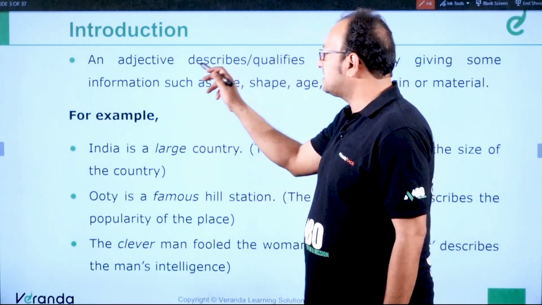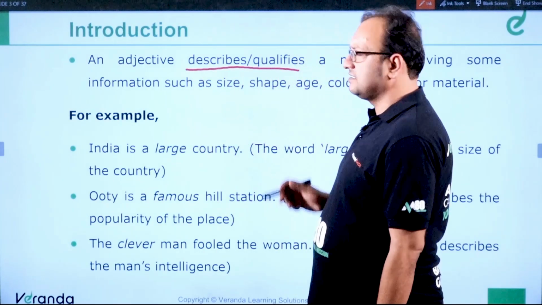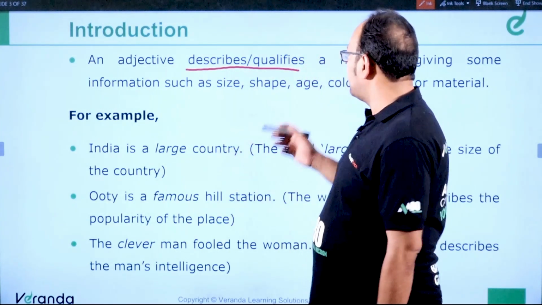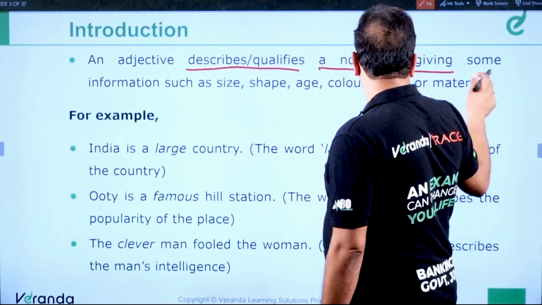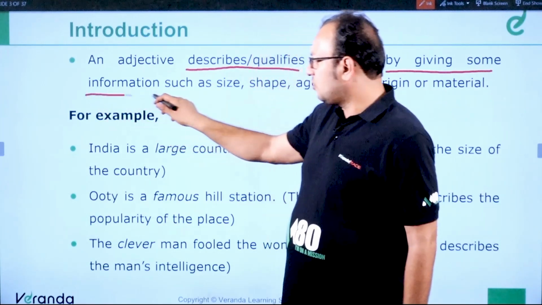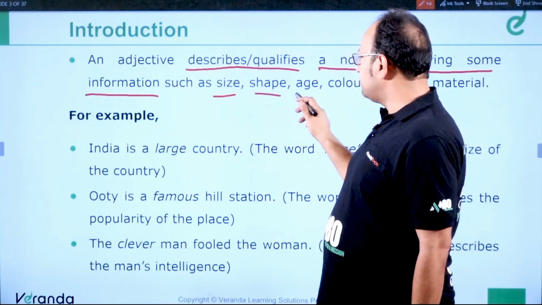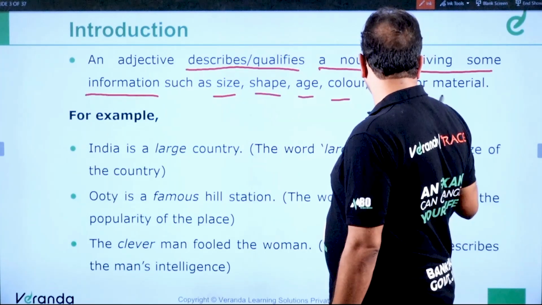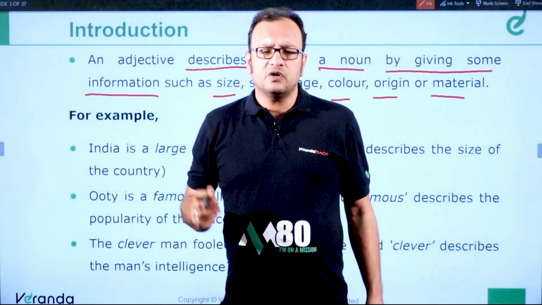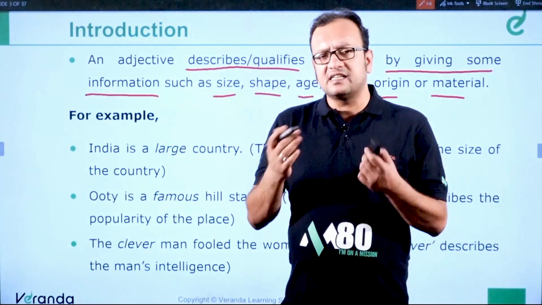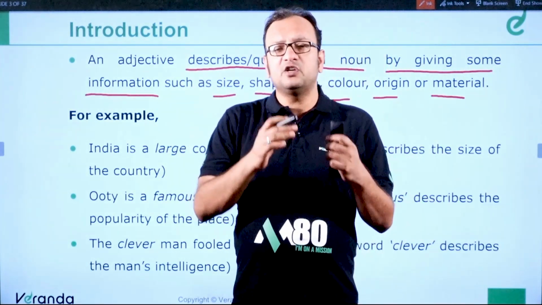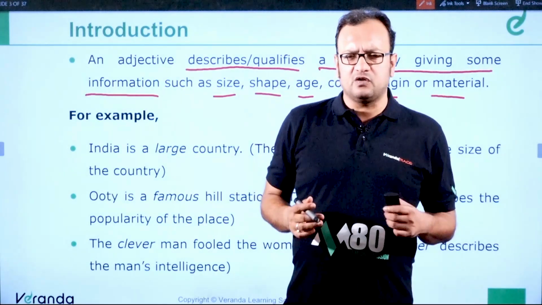An adjective describes or qualifies a noun by giving some extra information, such as size, shape, age, color, origin, or material. So an adjective is a word that qualifies a noun, tells the quality of a noun or the quantity of a noun.